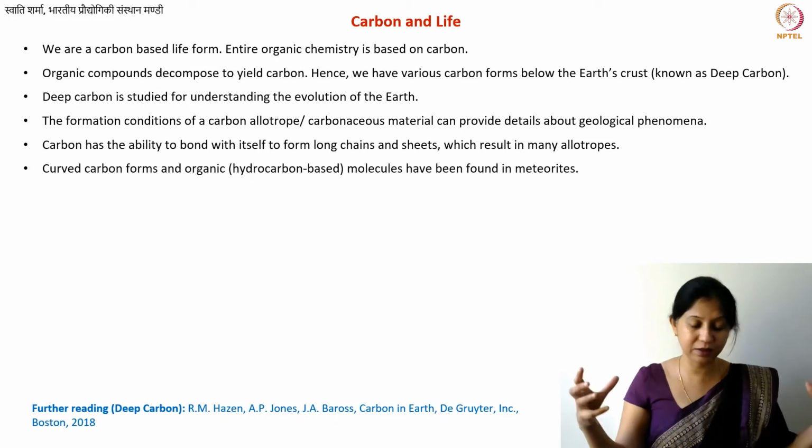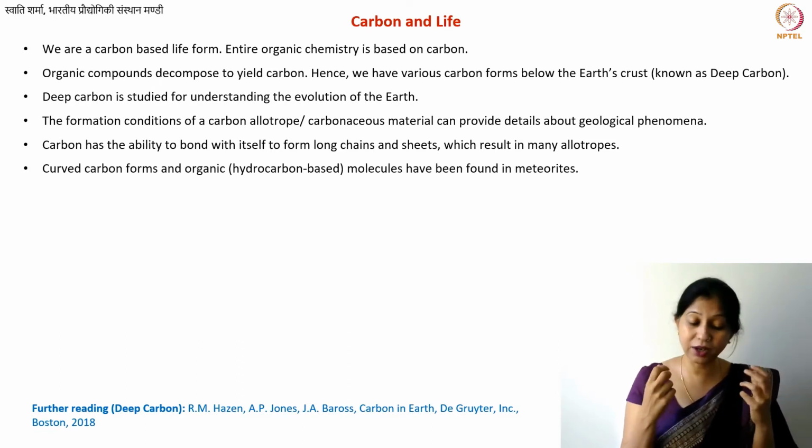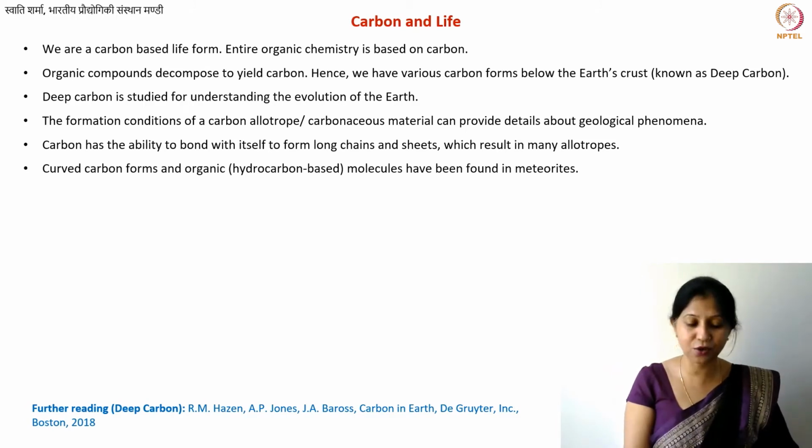Because this hitting of the meteorite is a very high impact phenomenon, you sometimes have these curved carbon forms. When there is an extreme pressure condition, you often end up getting curved carbon forms. Their energy of formation is pretty high, but natural events can actually lead to these.